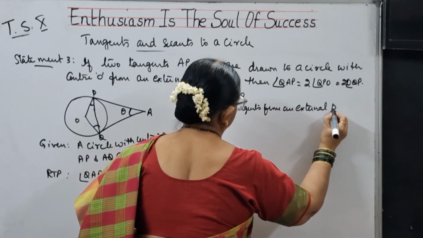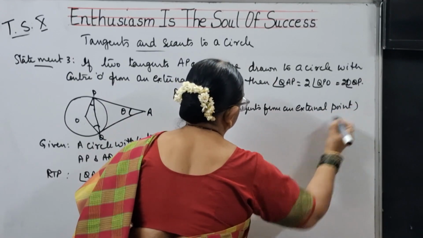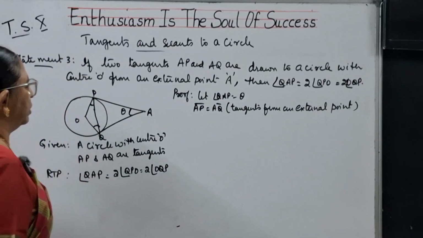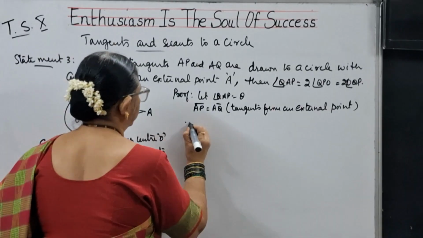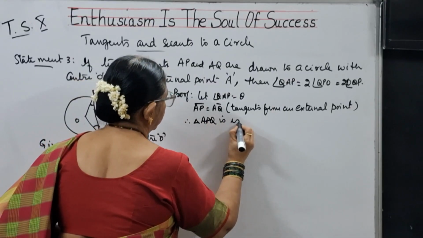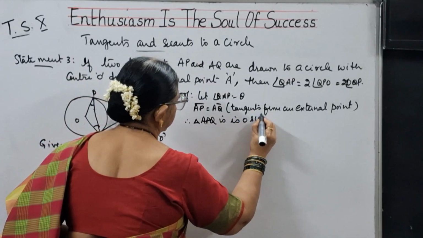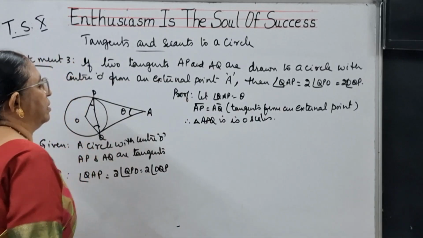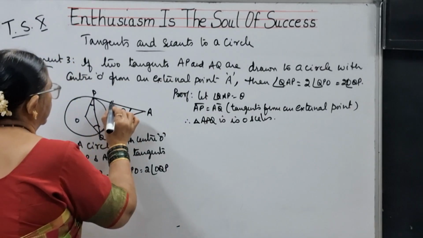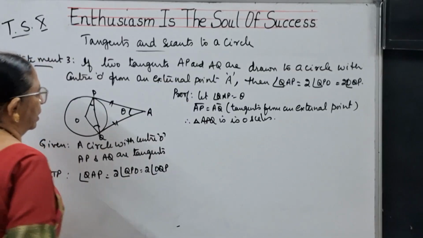Already you have done this. Tangents drawn from an external point are equal. So AP is equal to AQ. That means triangle APQ is isosceles. When AP is equal to AQ, it is isosceles triangle.